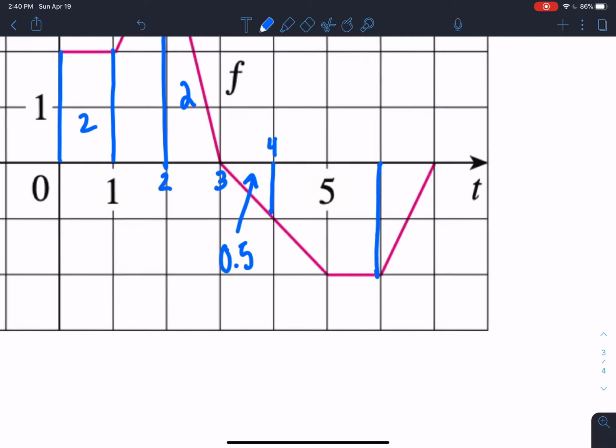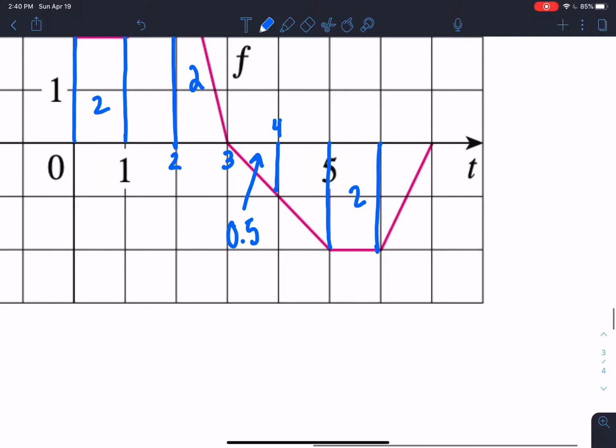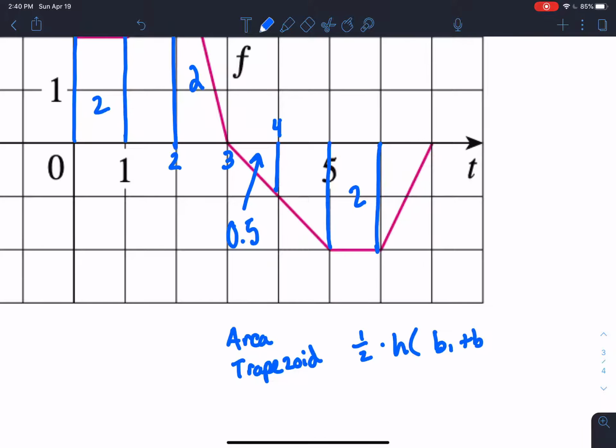Now sometimes you have to split them up. You need to do each kind of shape separately. So we already did the triangle from 3 to 4. I know from 5 to 6 that's a rectangle, which will just be 2. And then this other one is a trapezoid. The area for your trapezoid is 1/2 times the height, and then the sum of the two bases.